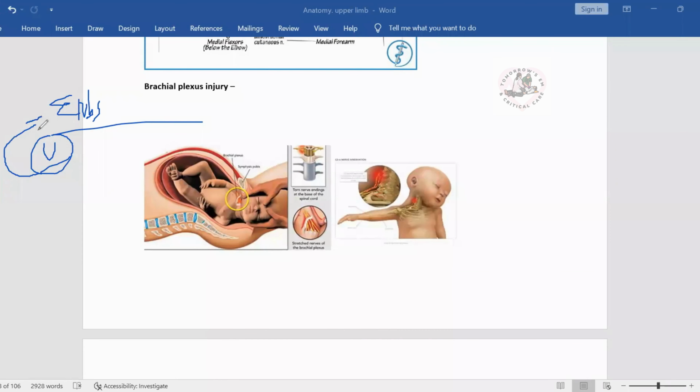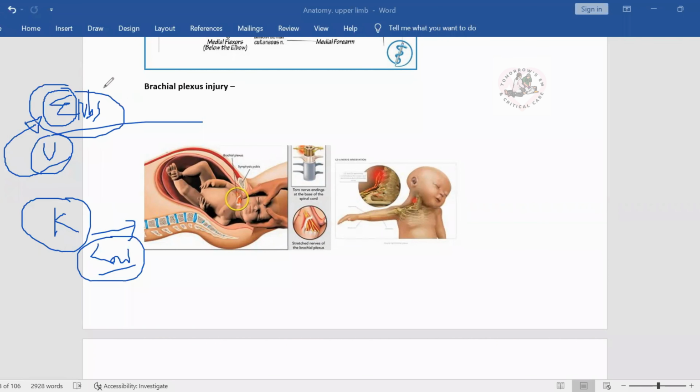Erb's is for upper, and E is the topmost alphabet, and Klumpke's K is the lower down alphabet. Klumpke's is lower chord, lower root, and Erb's is upper root or trunk injury. Clear?